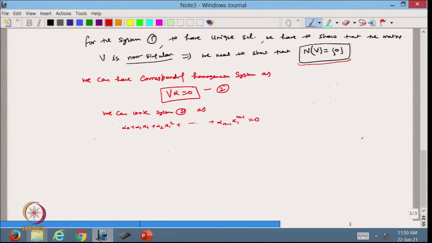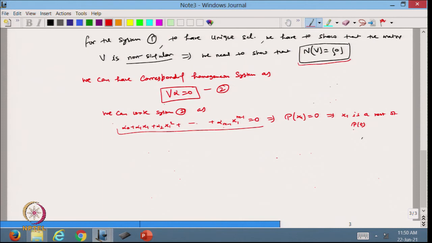Now, if you see from here, I am putting x1 in the given polynomial and getting the value equal to 0, which implies that P(x1) is 0, which implies that x1 is a root of the polynomial P(t).